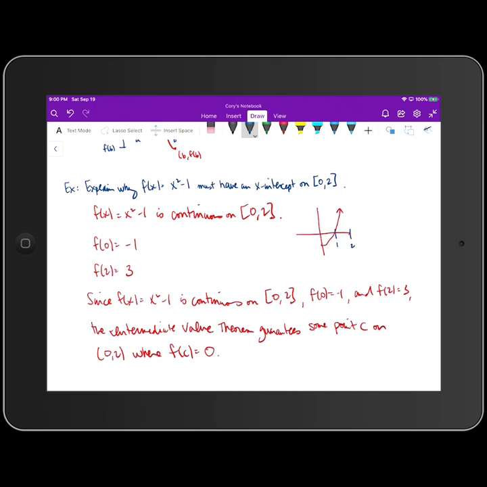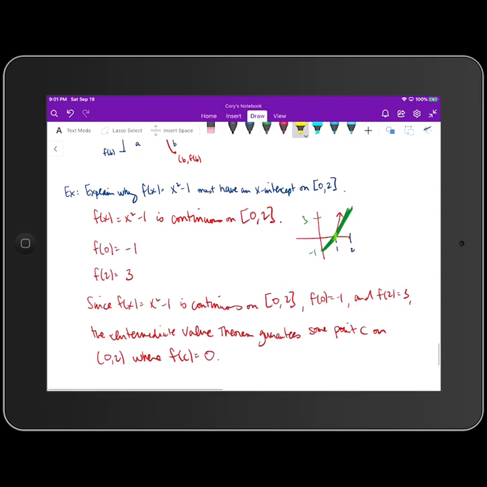If the function is continuous, that means it has to hit every single y value in between -1 and the y value here, which is 3. So it has to be equal to 0 at some point because it hits every single y value in between -1 and 3. Okay, so again, that's just a quick example with the intermediate value theorem.